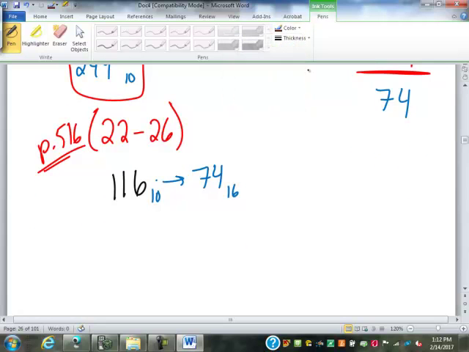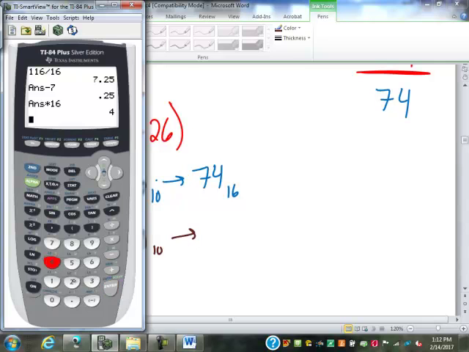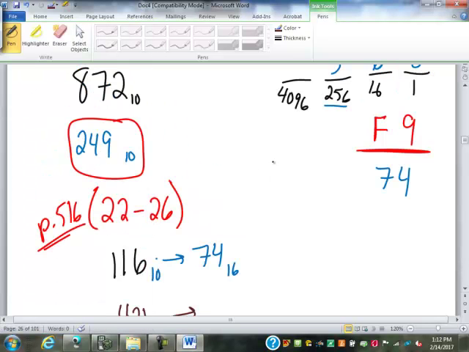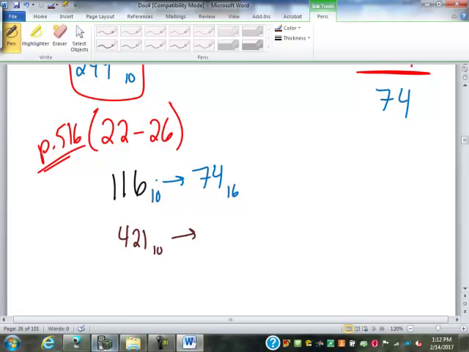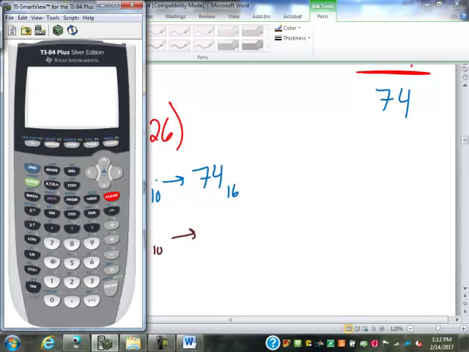For the sake of time, I'm going to skip up to 24. So 421 base 10. So again, I can't take a 512 out of that, so I'm going to divide by 16. Oops, what did I do wrong there? Oh yeah, we can get a 256, sorry, not a 512. We can get a 256 out of that, so yes. So 421 divided by 256 is going to be just 1.